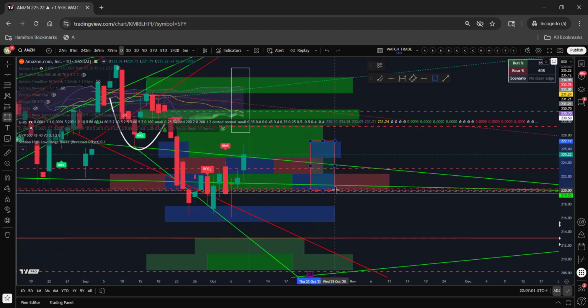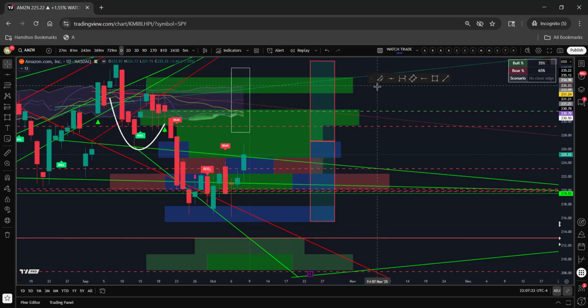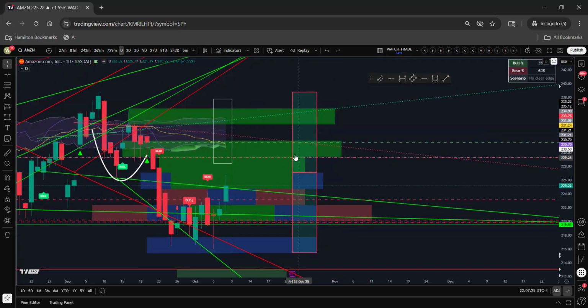Okay, so bears are here. We have 4 levels of bearishness right there. Drag it a little bit down more. All right, so let me clone this. So I think Amazon will chop when it gets in this zone here.